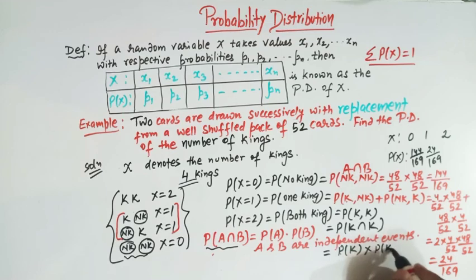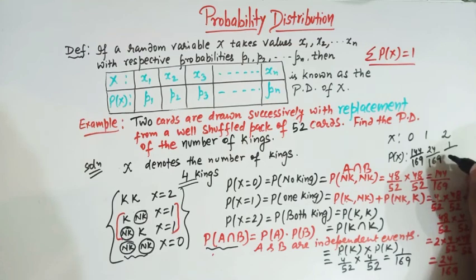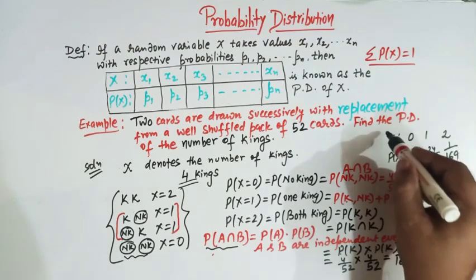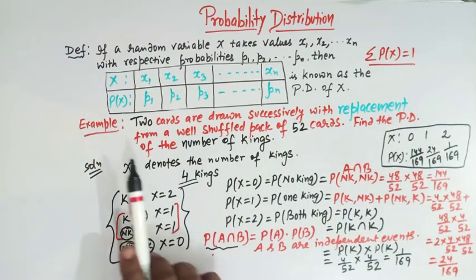And what is P(K)? That is 4 by 52 multiplied by 4 by 52, and if we calculate and simplify it, we get 1 over 169. So the probability of getting both the kings is 1 over 169. This is the required probability distribution for this problem.